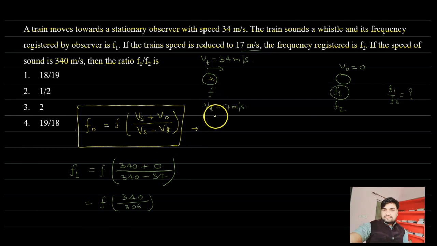Now in second case the velocity becomes 17 meter per second. In this case the frequency observed is f2.